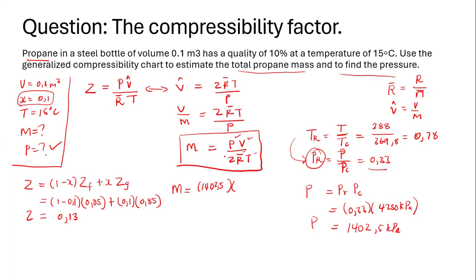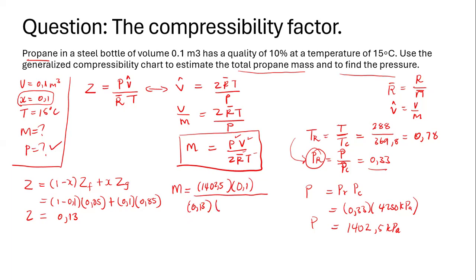Oh, okay, it's fine. I thought I was making a mistake. And then the V, the volume. Where is our volume? Here we have 0.1 cubic meters. Okay. Divide by our Z, which is 0.13.